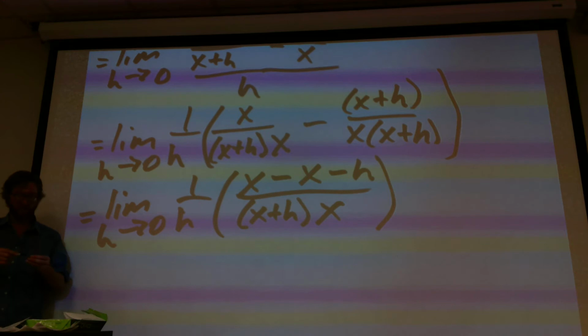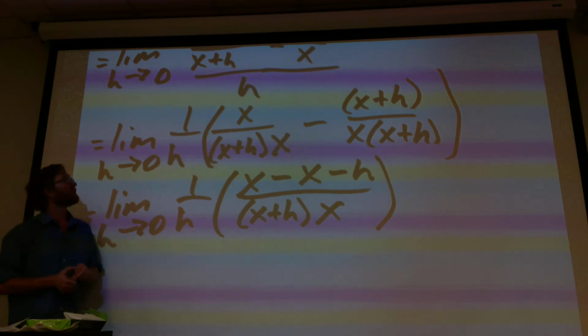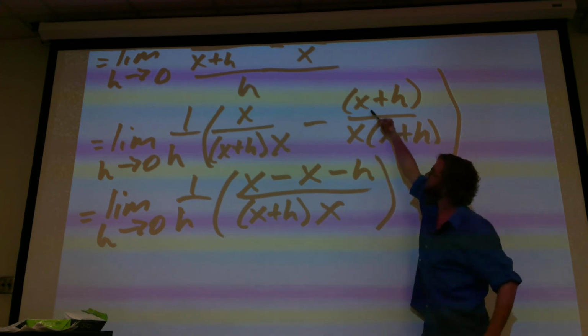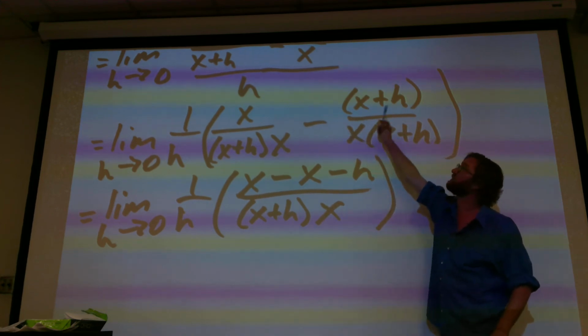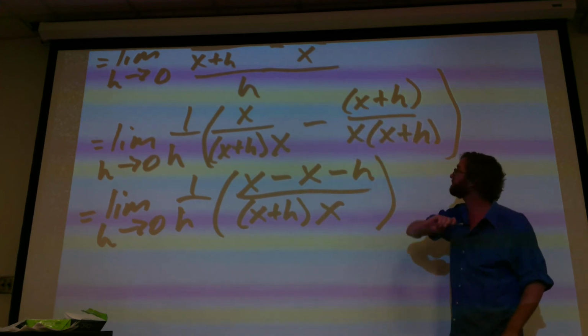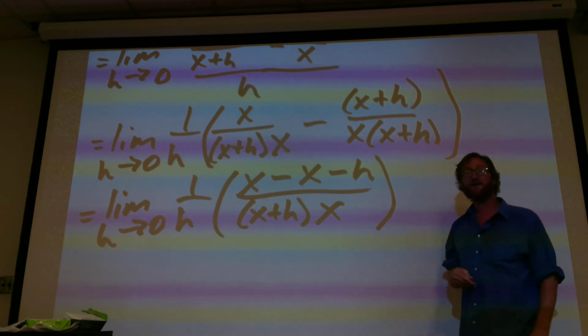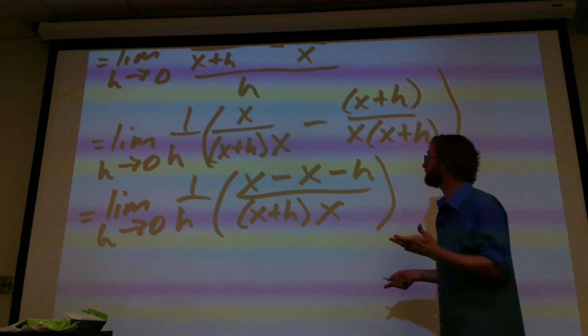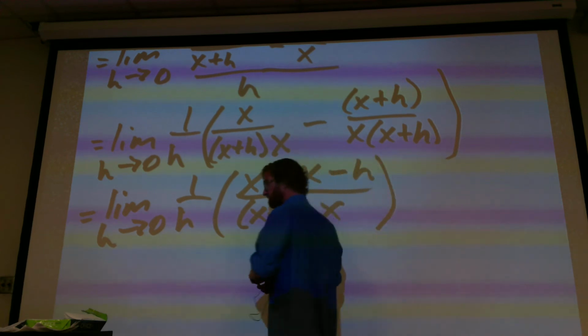And how am I getting minus x minus h? What I'm doing is I'm distributing this minus sign inside of this guy. So I'm just putting the minus on the x and the minus on the h. Okay, and then we can start seeing our cancellation that's going to occur. So the first thing to do, let's knock off the x and the x.